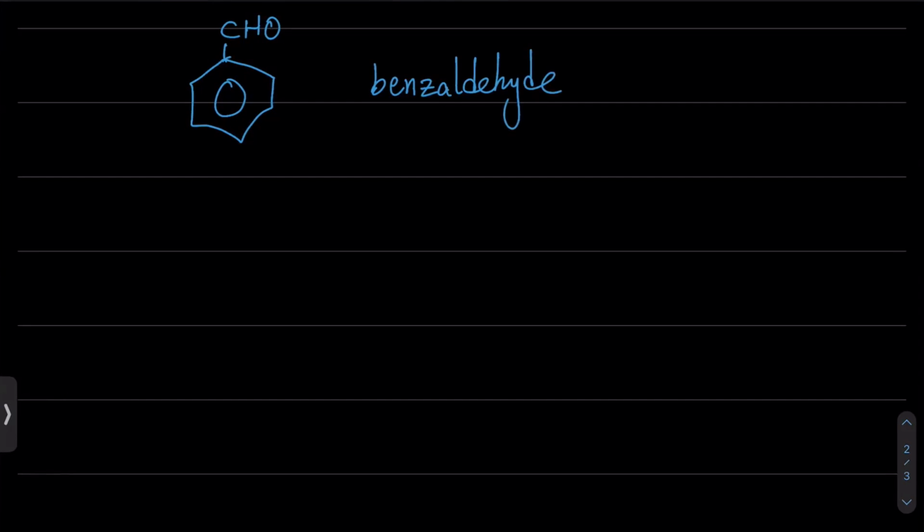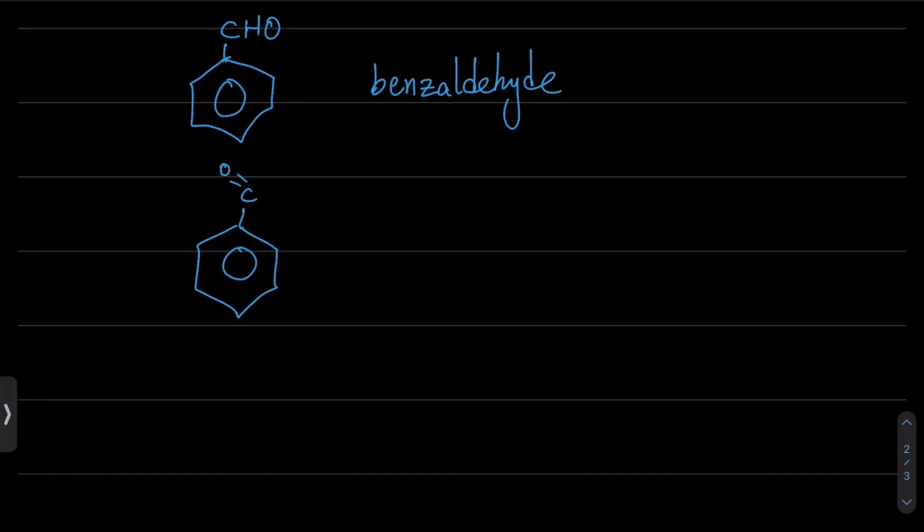Similarly, there are some other compounds. You can have this thing with a CHO group, an aldehyde group. So this is called benzaldehyde. Similarly, you can have this group. This might be new for you.